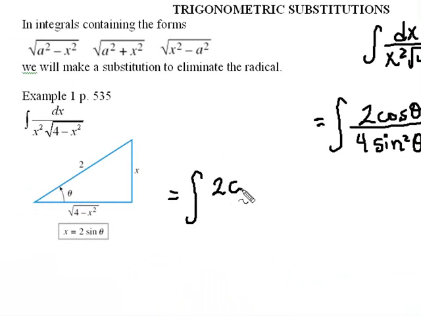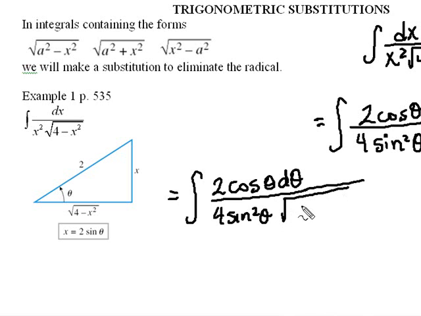So we have 2 cosine of theta d theta over 4 sine squared theta times the square root of 4 times 1 minus sine squared theta. Now 4 obviously is a square, so we can take the square root of that.